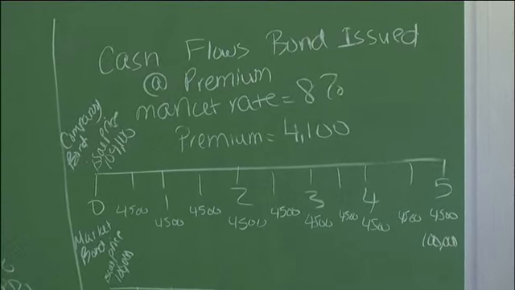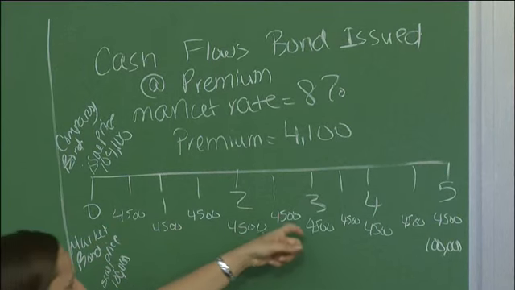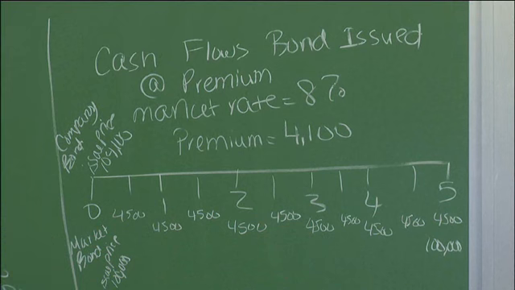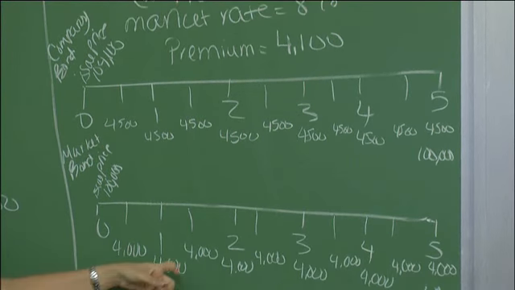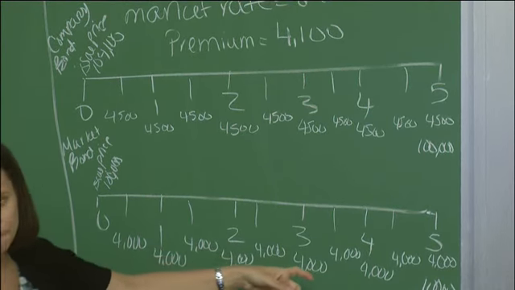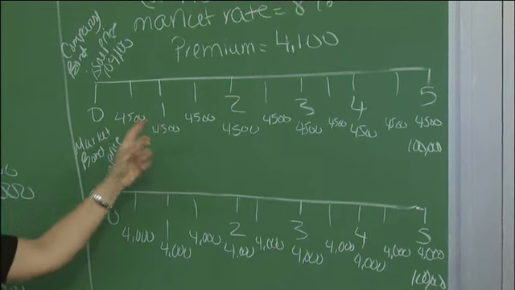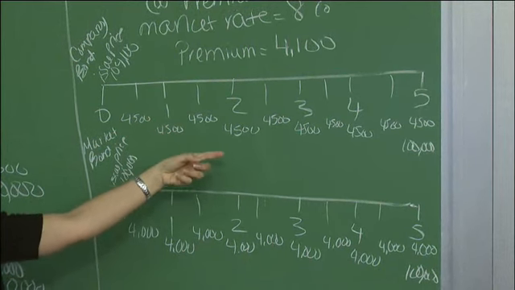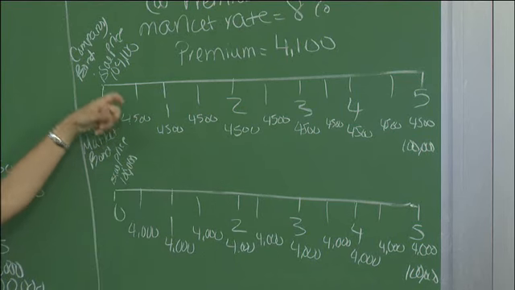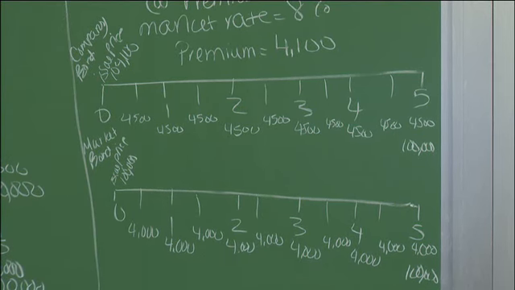In exchange, they pay $4,500 of interest each period, whereas the market bond only pays $4,000 of interest each period. So the company has to pay $500 more of interest each period. In return, they got $4,100 more at time zero.